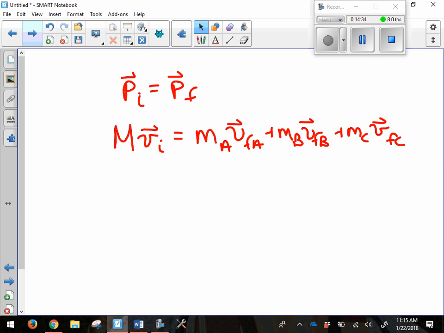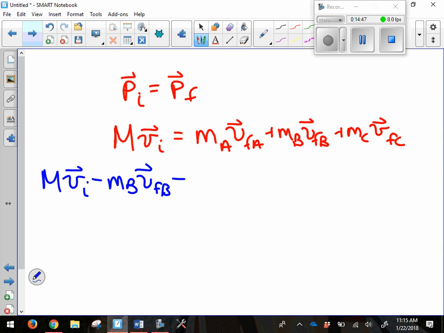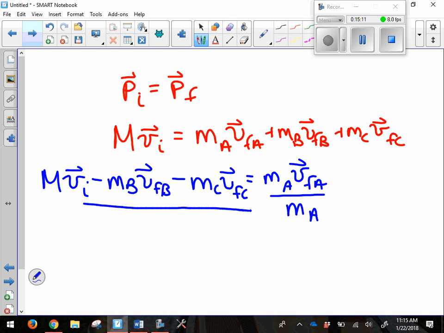VFA. So I'm going to take everything else that doesn't have VFA in it over to the other side, and then divide the whole thing by the mass of A.